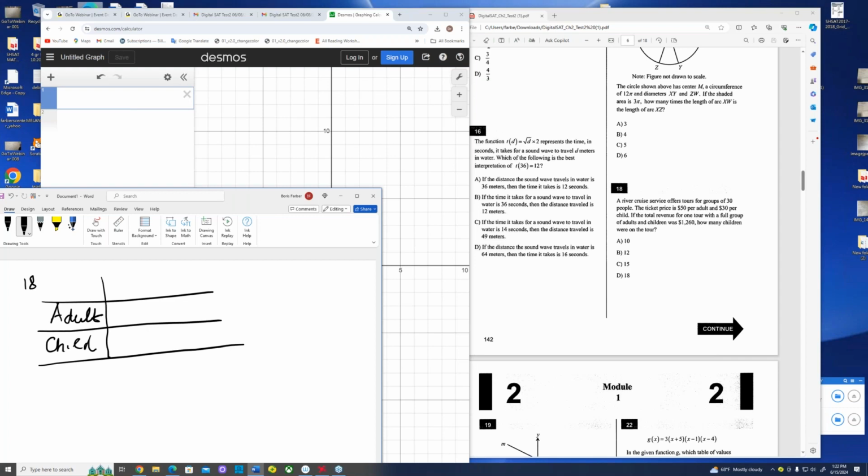What they said: the ticket price for one ticket is 50 and 30. Okay, number of people.